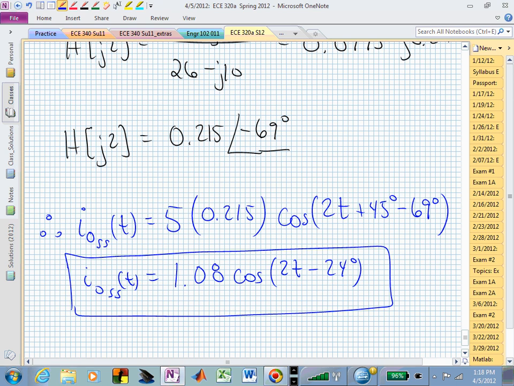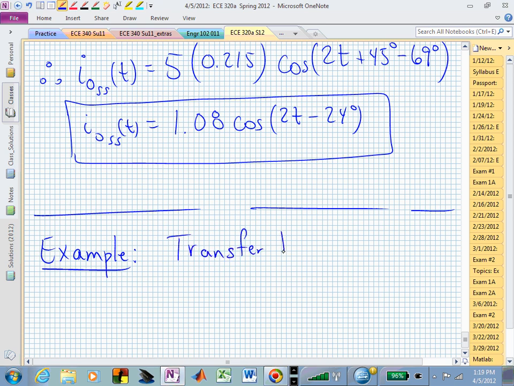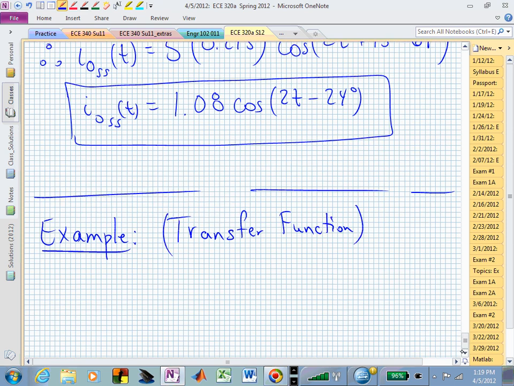That was coming from a circuit. Now that we have this concept of signals and systems, somebody could simply give you a transfer function, and maybe this transfer function is not associated with a circuit. It might actually be associated with some mechanical system.